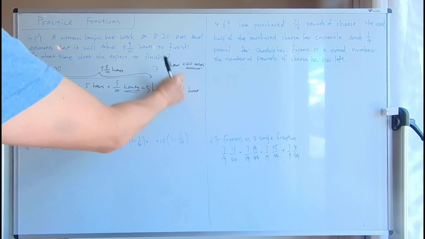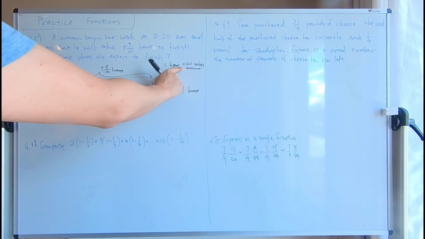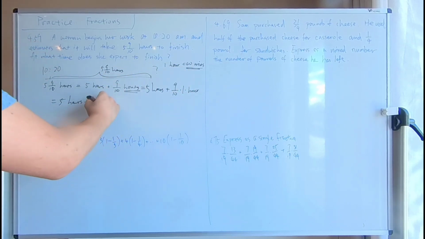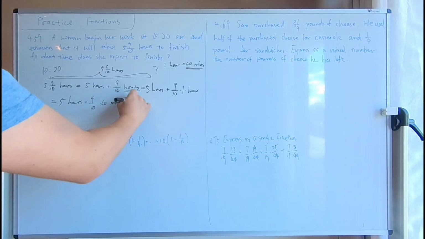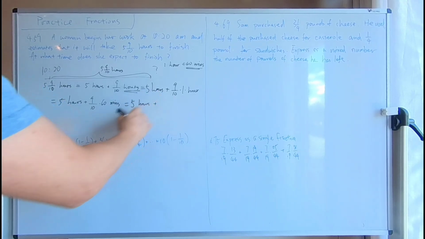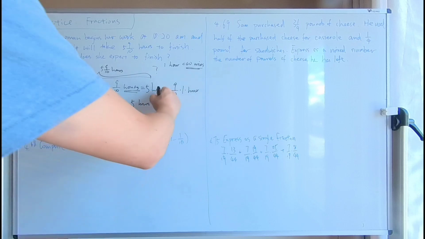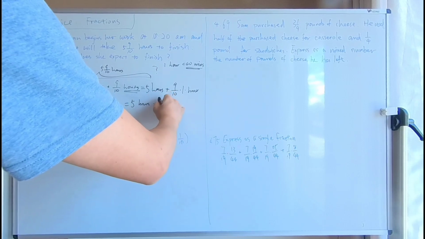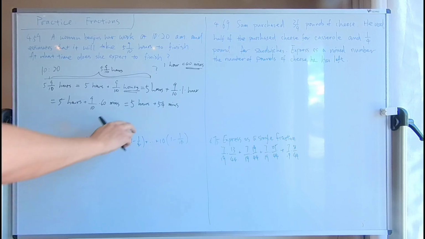Now this 1 times an hour can be replaced, because of this relationship, by 60 minutes. And then further simplifying, 60 divided by 10 is 6, 6 times 9 is 54 minutes.